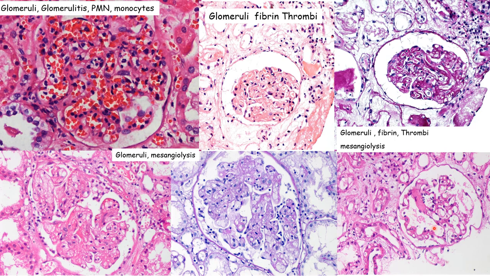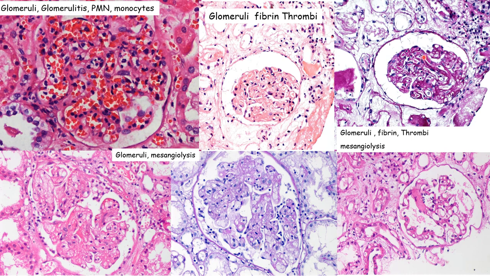In this neighboring capillary loop, you will see that it has got completely dilated and distorted because the central mesangium is not seen. This is called mesangiolysis. This is also seen in this glomerulus, but the area which is empty in this is filled with fibrin, like it is seen in this PAS section.